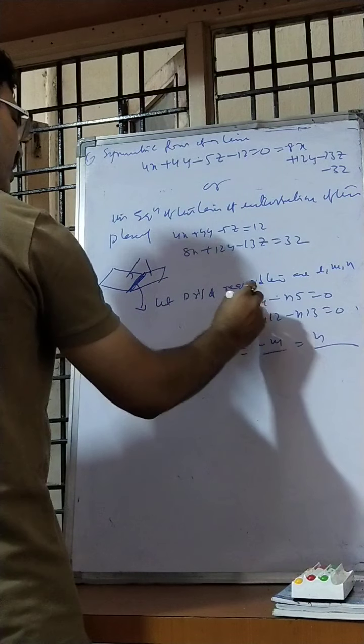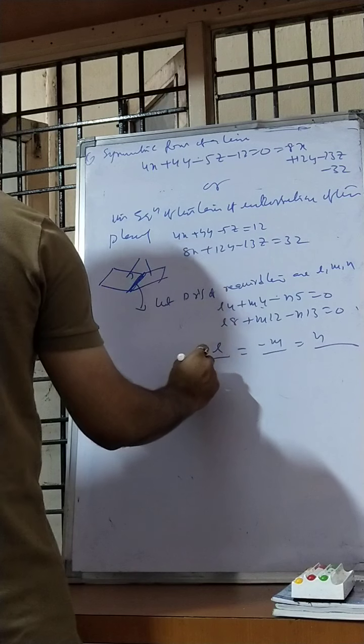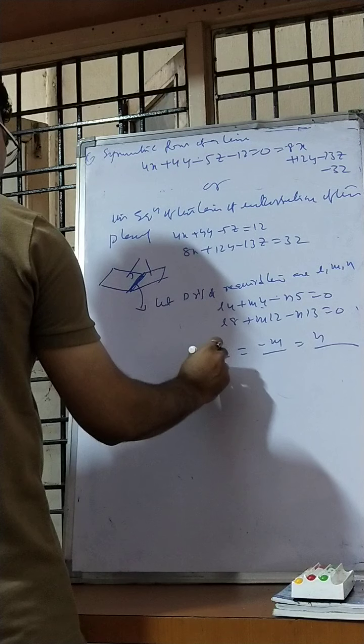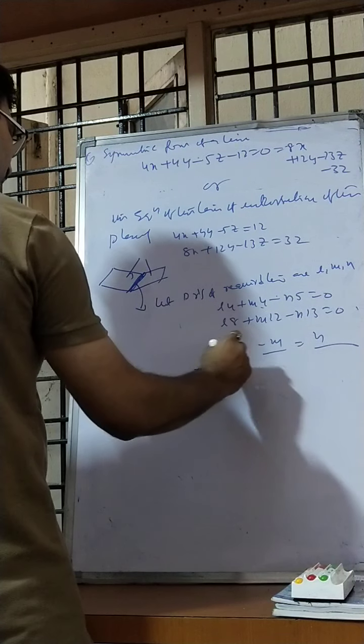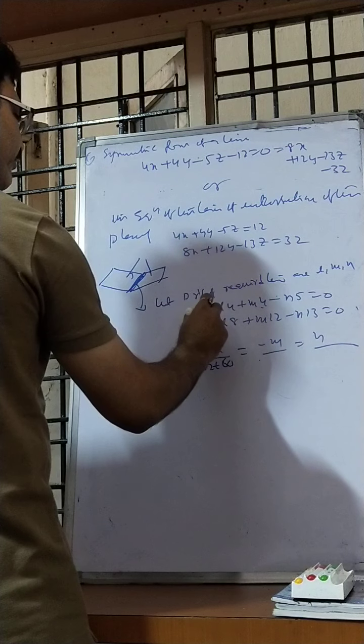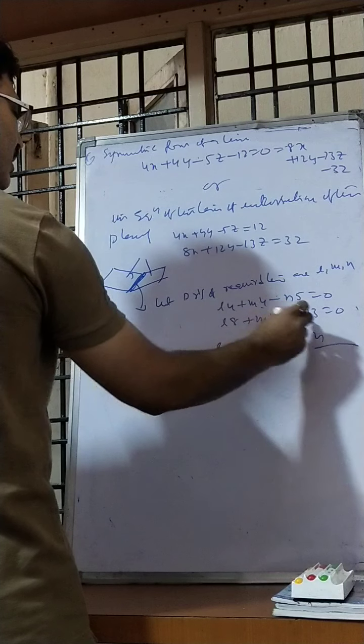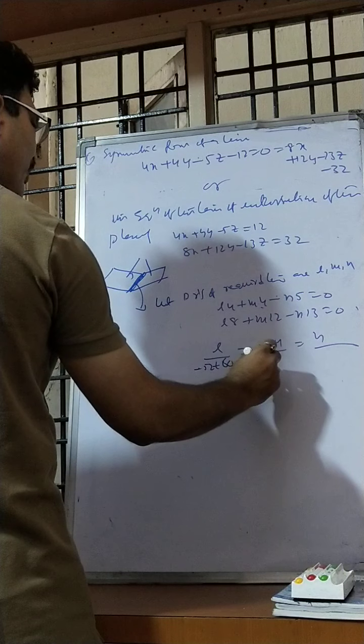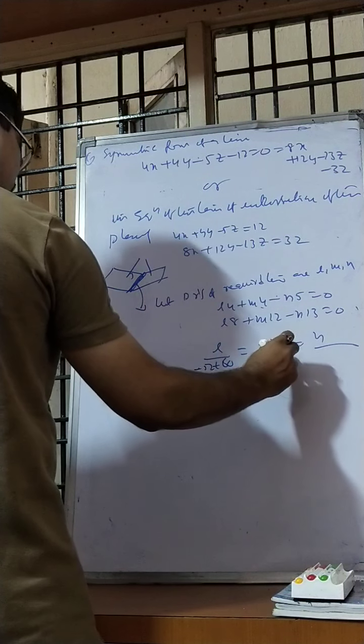What happened here? 4 times minus 13 is minus 52, plus 60, that is 8. The next one is minus 40, minus 52 plus 40, that is 12.